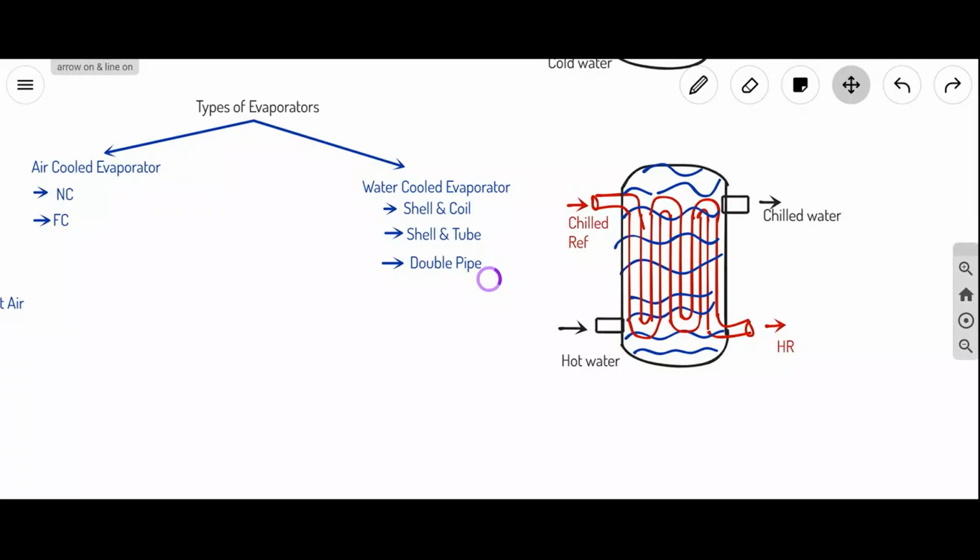We don't have a purpose for the refrigerant turning into vapor. What is the main purpose? To get the chilled water. Why chilled water?